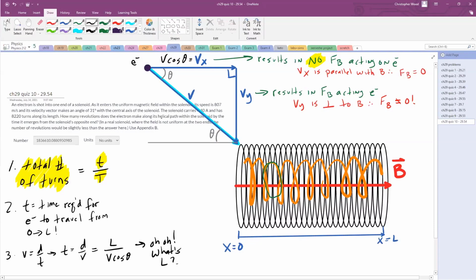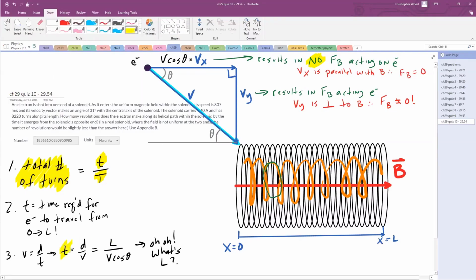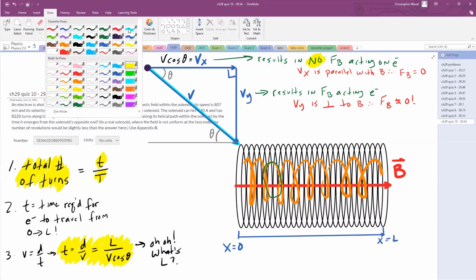Right now, I'm just going to keep this on ice, in its own little safe corner, and say I'll come back to you later, because I don't know enough to solve at this point. I don't even know enough to find little t. So I'm going to go after big T somehow and see where the chips fall.